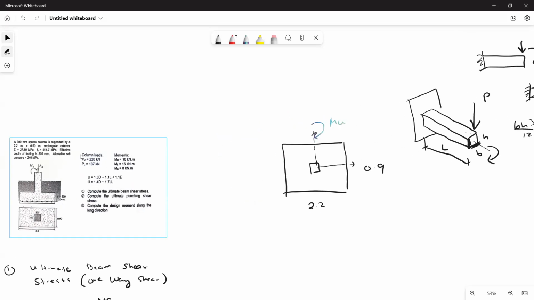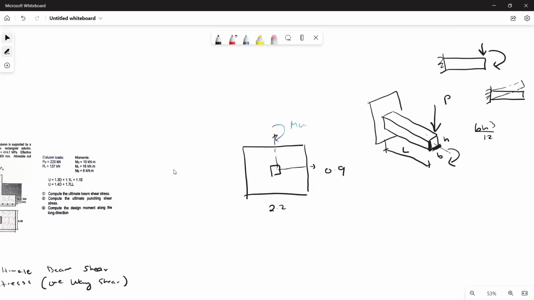Then point your right thumb on the y-axis and curl your four fingers. Ito yung moment in Y. Ilagay mo yung palm mo doon sa face nung extrusion mo, then curl mo siya ng ganyan. So what do you think will happen?